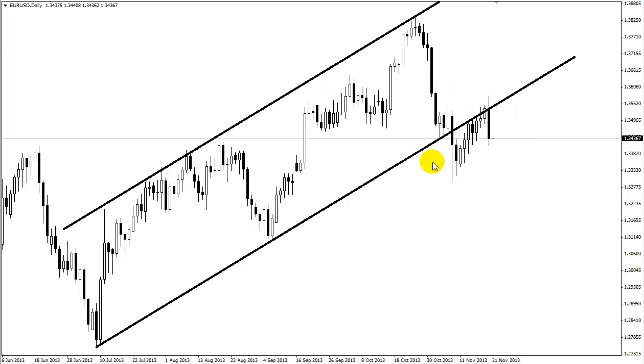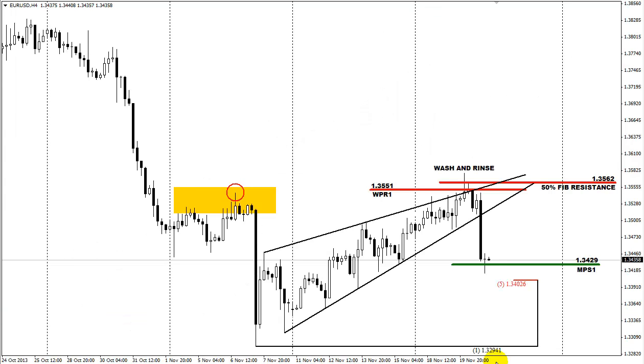This is some sort of kiss and goodbye pattern, when the market breaks below the channel line, retests the line, and continues the move to the downside. So this is a nicely looking setup and configuration for the market.